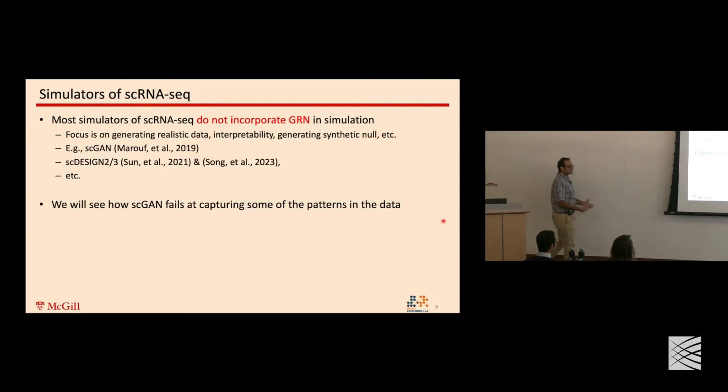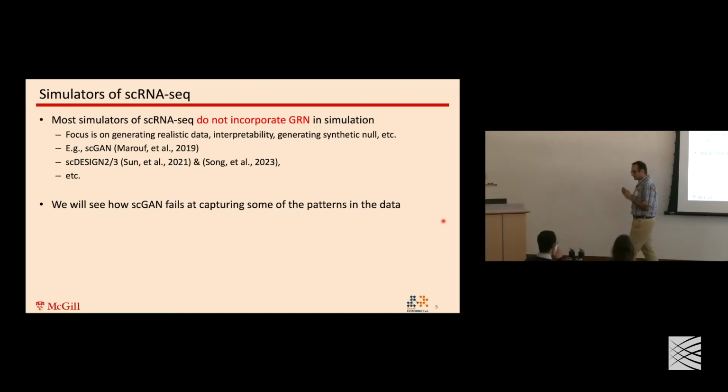So in the context of single-cell RNA-seq data, there have been various powerful simulators developed already. For example, scGAN is an example of that. scDesign2 and scDesign3 are other examples, where, depending on the model they use, for example, the first one uses an adversarial approach. The second type of models rely on statistical properties of the data.